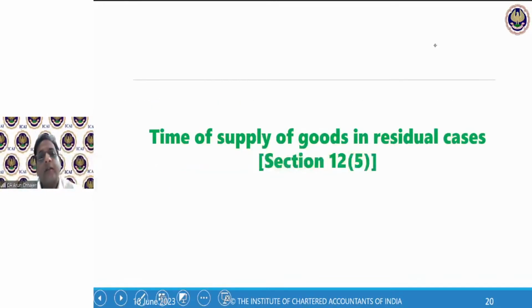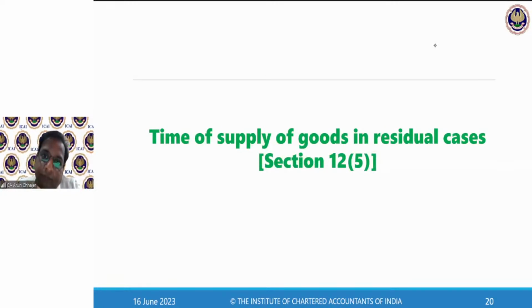Next case is time of supply of the goods in case of the residuary clause. What is the residuary clause? You have discussed forward charge. We have discussed reverse charge. We have also discussed voucher.